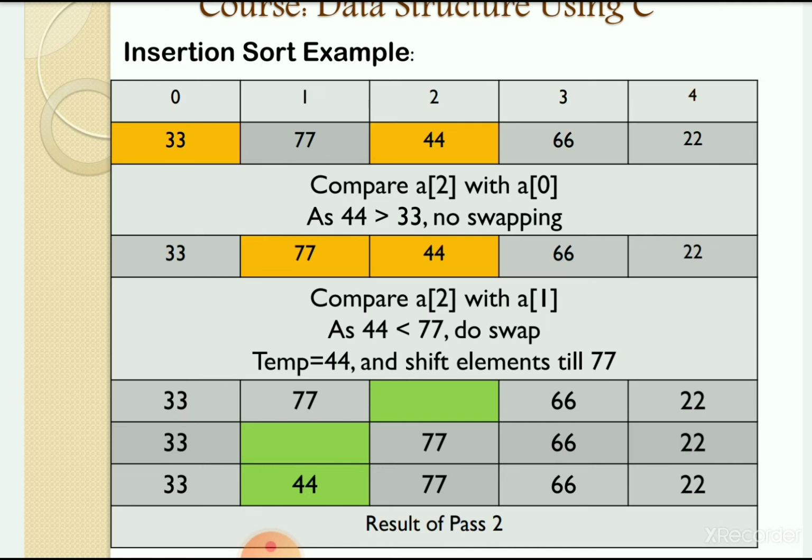Look at this carefully. We are comparing a of 2 with a of 1. As 44 is less than 77, we have to do the shifting, not swapping, and then the insertion takes place. We store the 44 in a temporary variable and shift the elements till 77. Why 77?